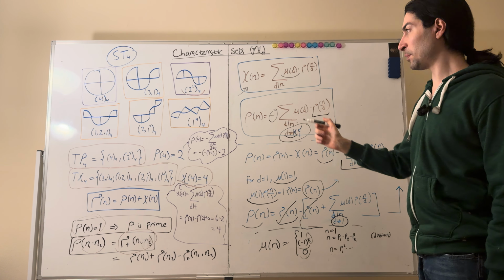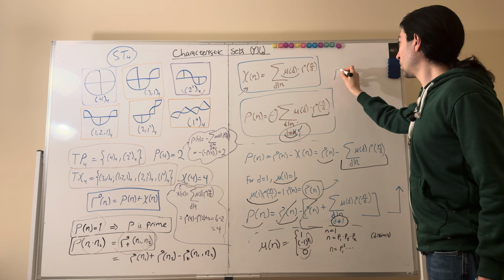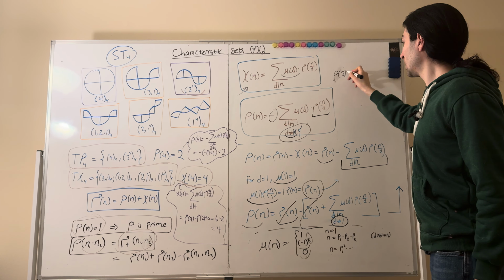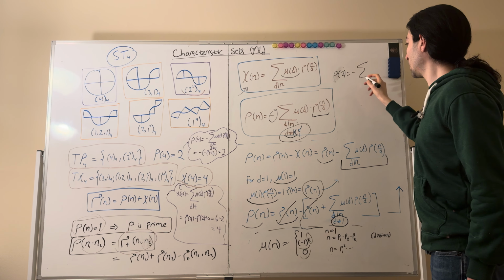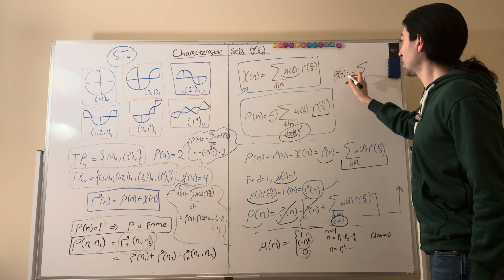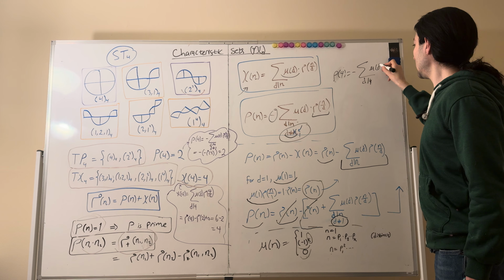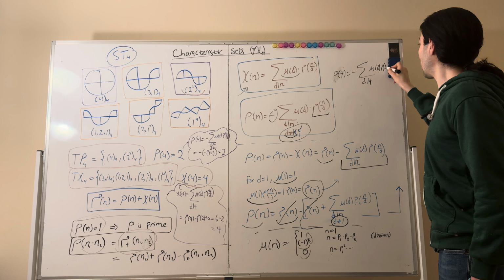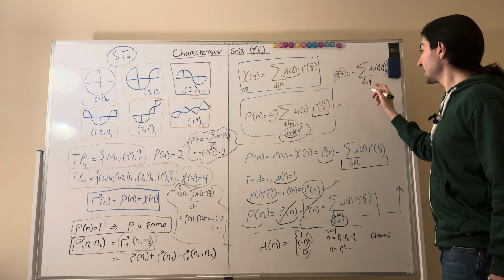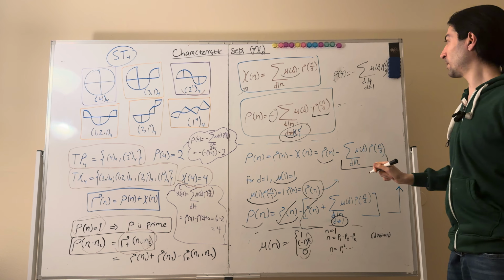So let's do an example for n equals 4. We will say rho of 4 is equal to negative the sum of mu of d times Mem of 4 over d, such that, I forgot to add it again, d does not equal 1.